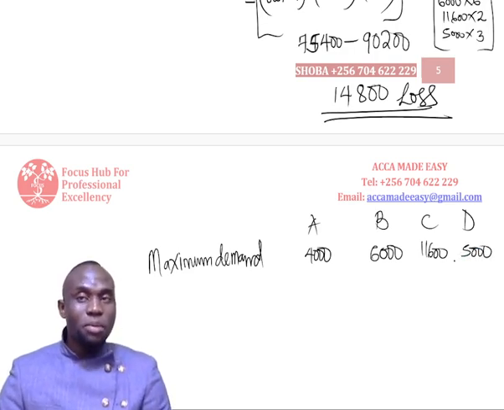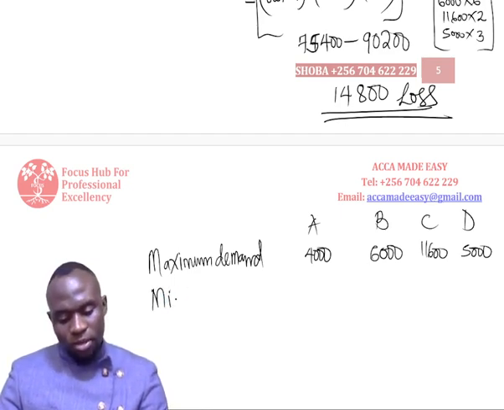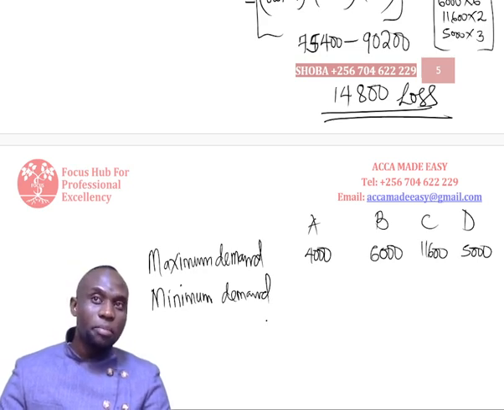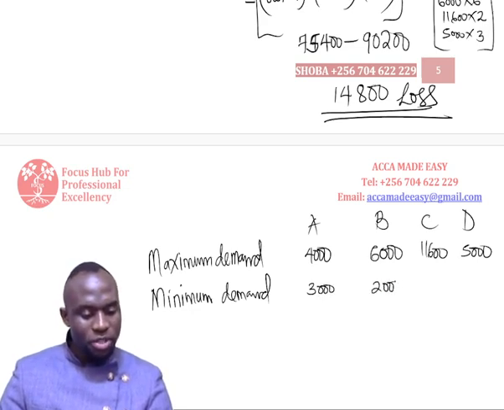So that is the maximum demand, but it can also give you a minimum demand. Minimum demand, maybe it could be 3,000 units. This one we need to produce maybe 2,000 units.